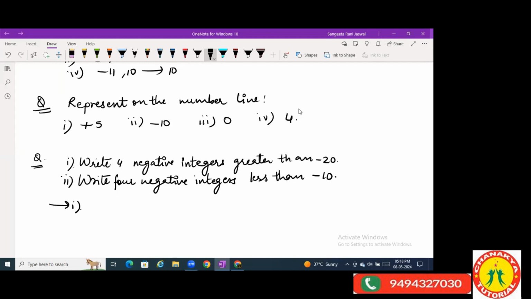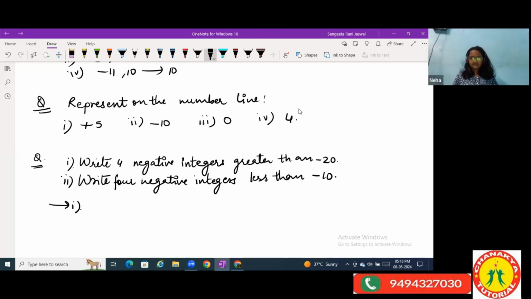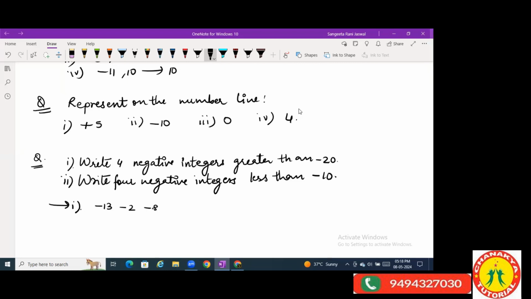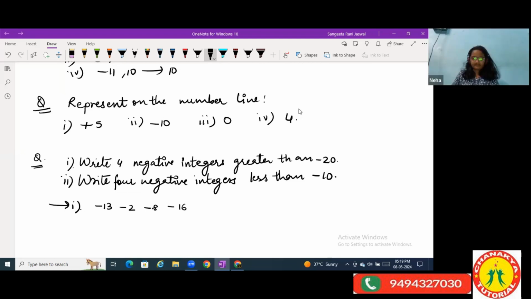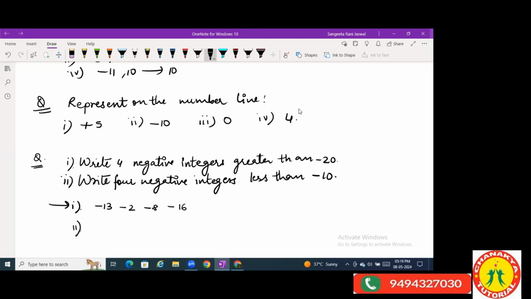Greater means towards the right side, right? So tell me. Sorry. Minus 13, minus 2, minus 8, minus 16. Okay. Next, Lakshita, tell me.